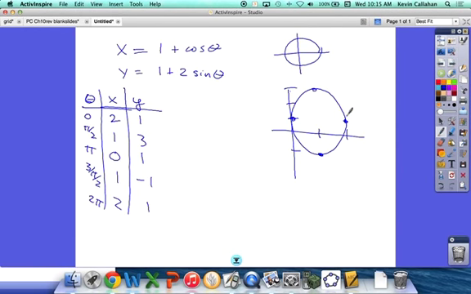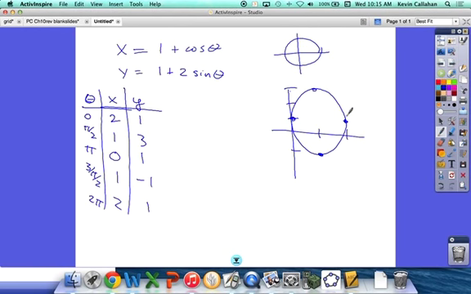If you remember how we eliminated the parameter on the second part, we isolated the sine and the cosine, then we squared them, and then we added the equations, because then you get sine squared plus cosine squared. And what does sine squared plus cosine squared equal? 1. So that's the strategy. Just in this case, we've got a little more to deal with.